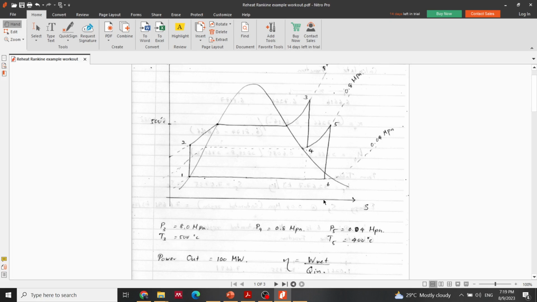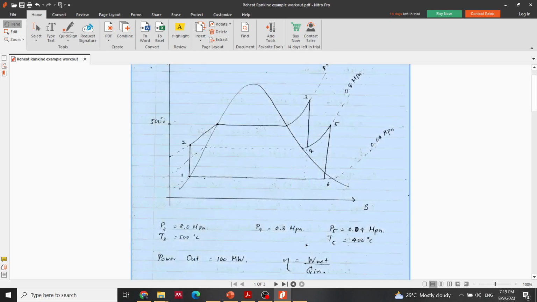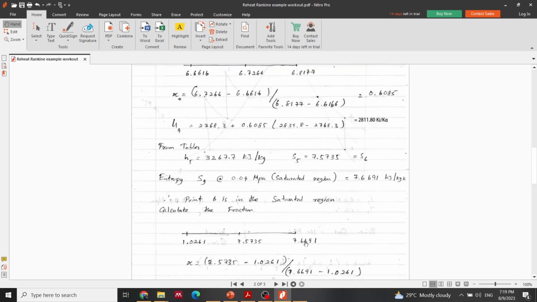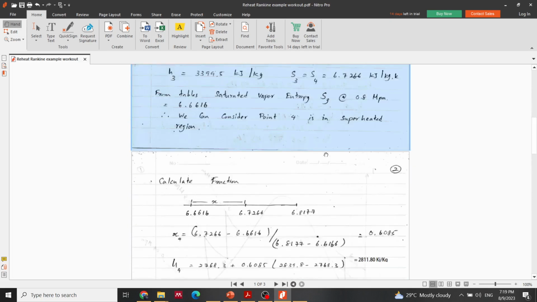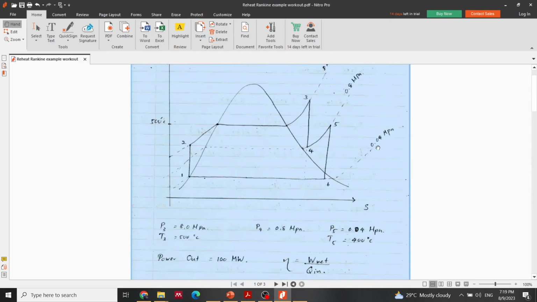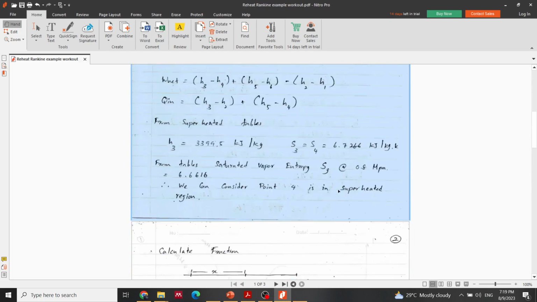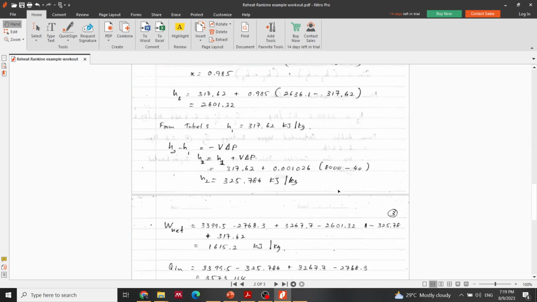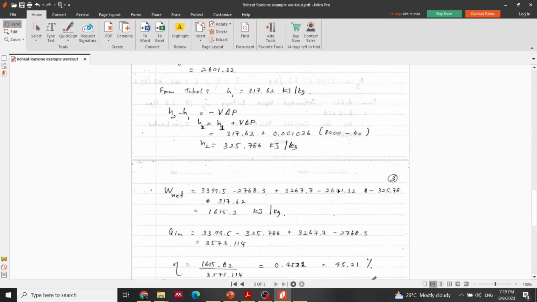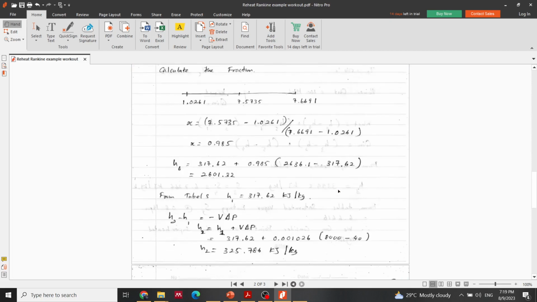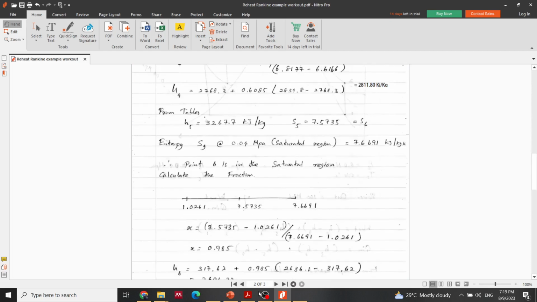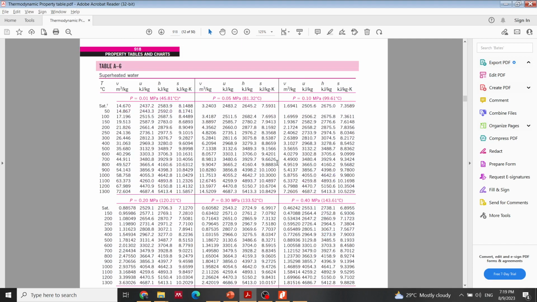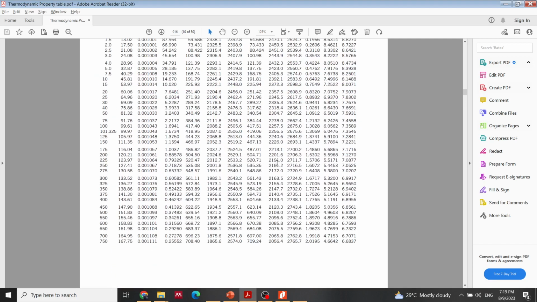So we can go to the saturated tables, where the pressure is 0.04 megapascal. Let me see, in the saturated tables, 0.04 means 40.